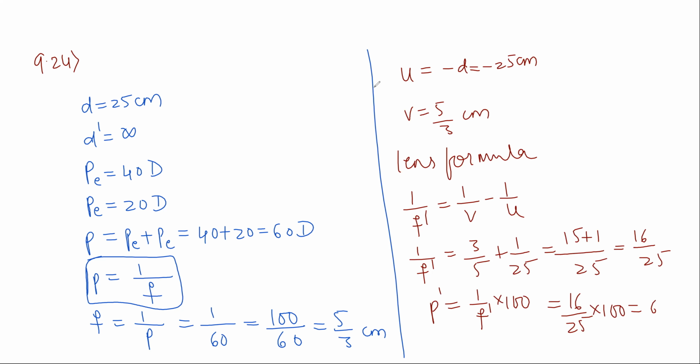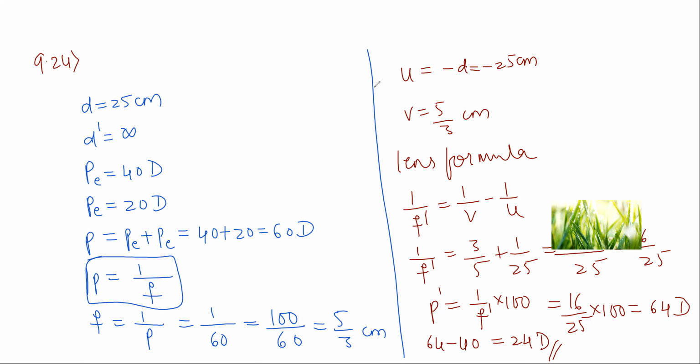Simplifying this, we are getting 64 diopter. So the power of the eye lens is calculated by taking the difference, 64 minus 40, so we got 24 diopter. Therefore, the range of accommodation of the eye lens is from 20 diopter to 24 diopter.